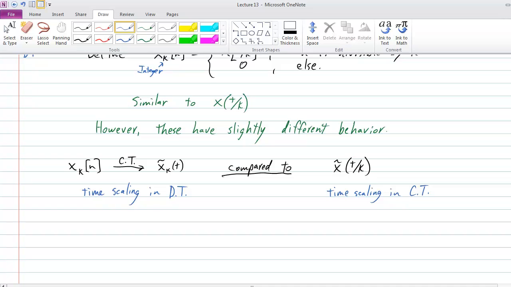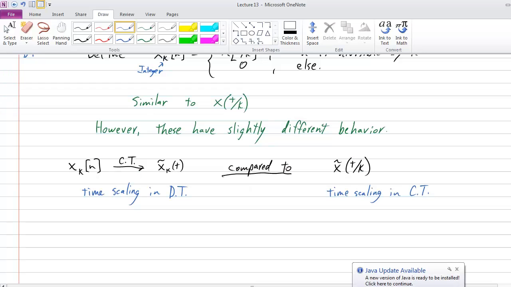But let's look at what happens the other way, and here what we want is x tilde of t over k. So we're doing spreading in continuous time. That equals, well, we know what x tilde equals, and then we'll just plug in t over k to what we already wrote down for x tilde.